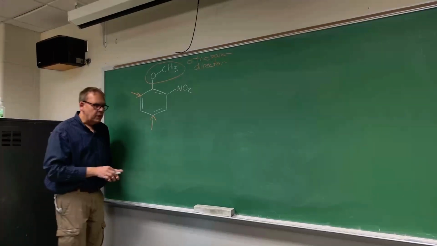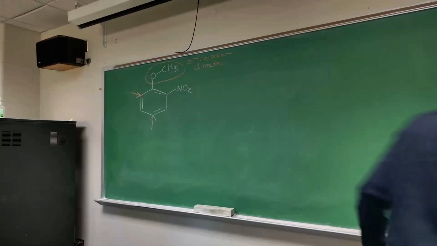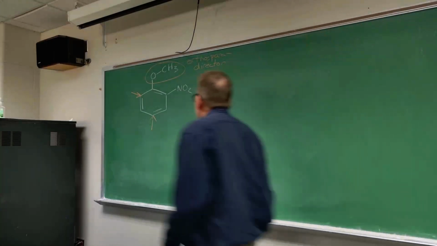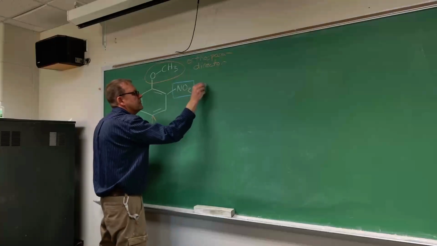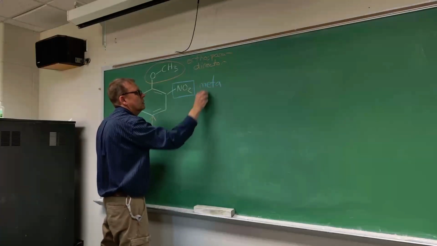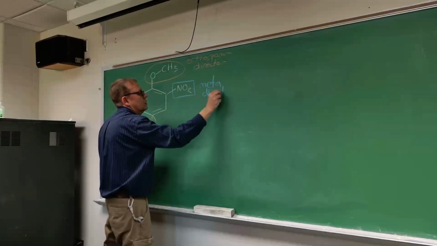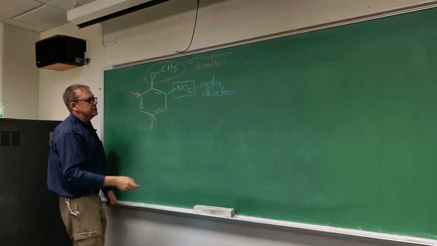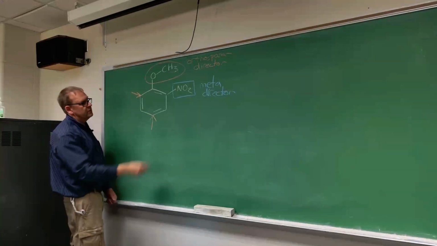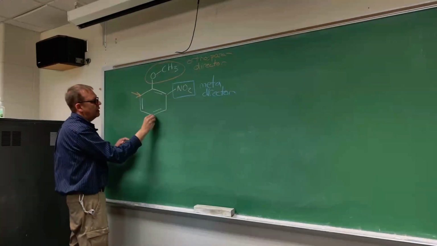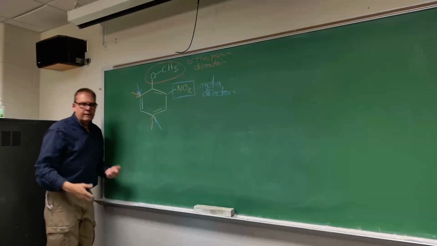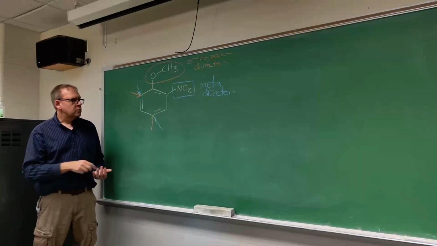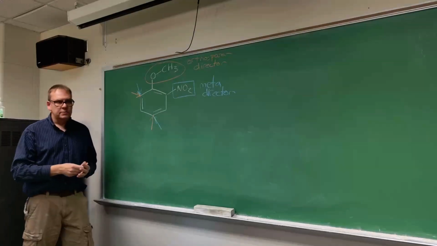Now the nitro group is very much different. It is a strong deactivating group, and it's a meta-director. So it wants the substitution to happen meta relative to it, and the positions that are meta to it are that position and that position. So again, there's this double selection effect where the two groups are agreeing on where the substitution should happen.